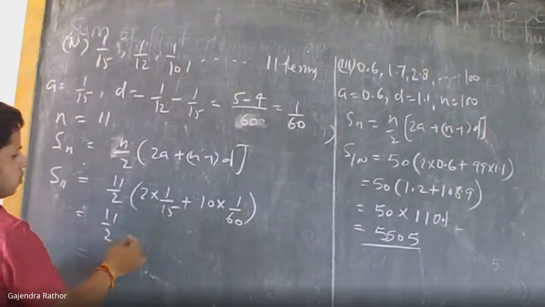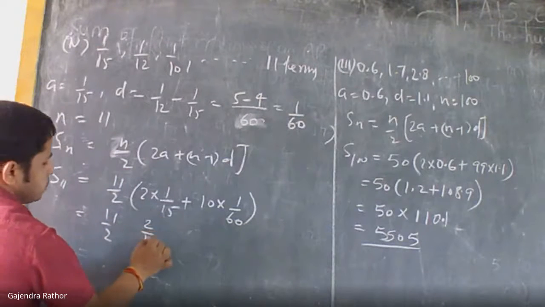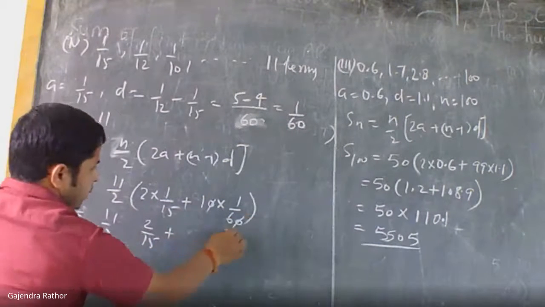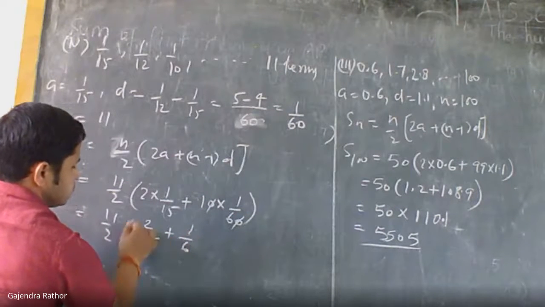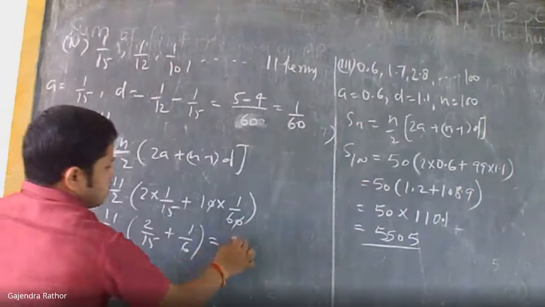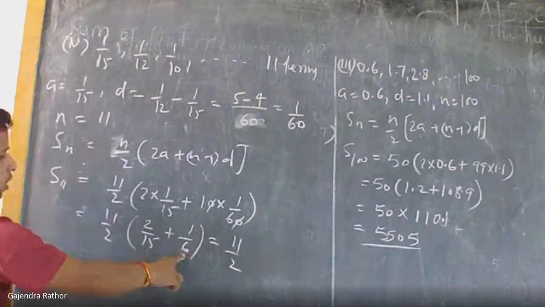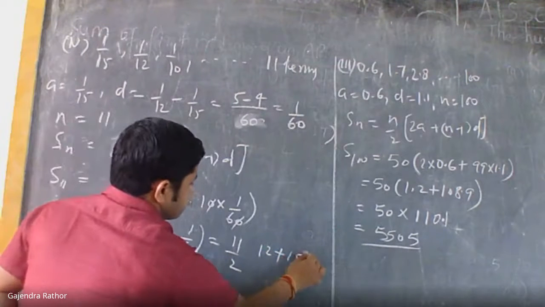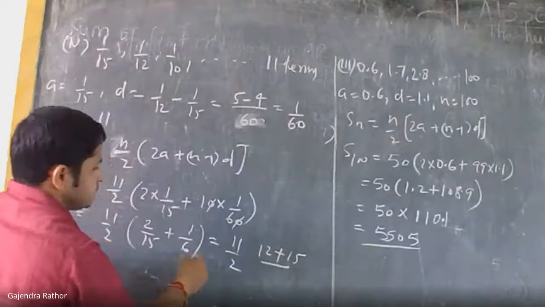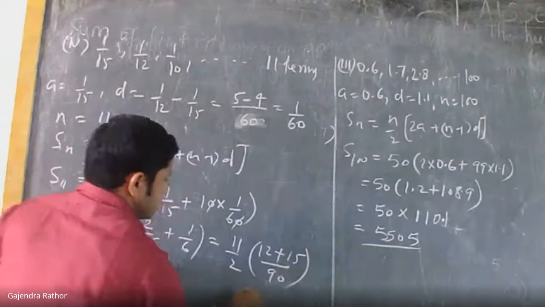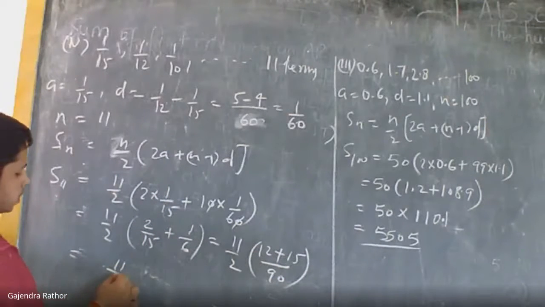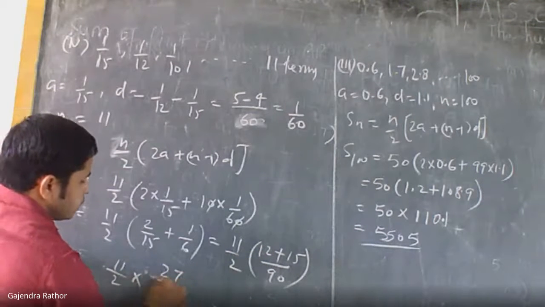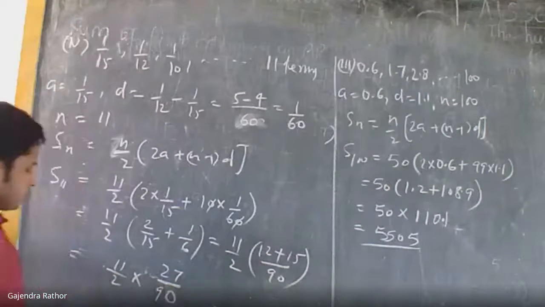So 11 by 2 into 2 by 15 plus, 0 cancels, 1 by 6. So we can add: 11 by 2, LCM of 15 and 6 is 30. So 11 by 2 multiplied by 12 plus 15, 27 divided by 90.